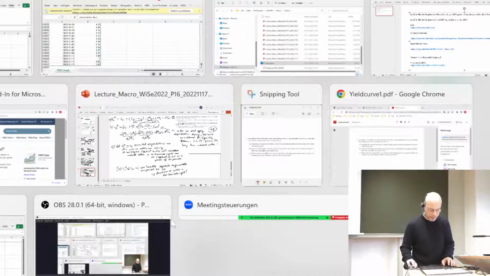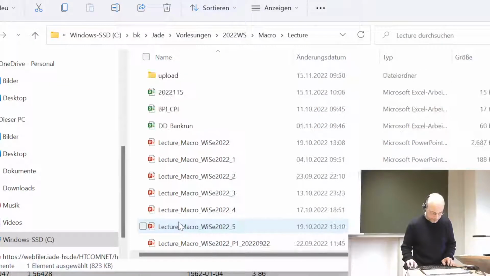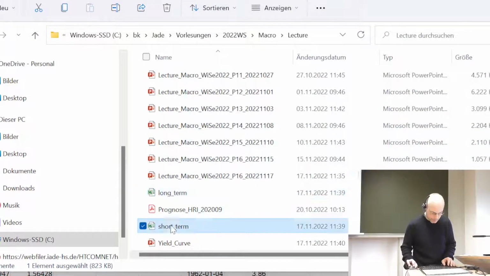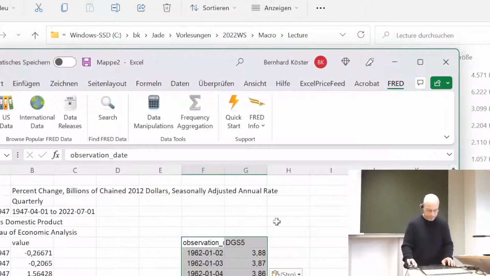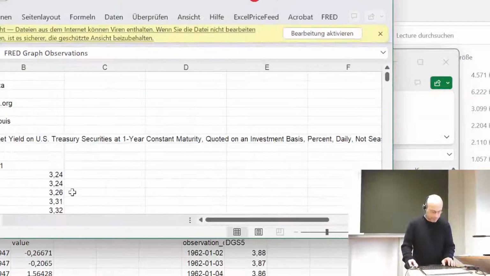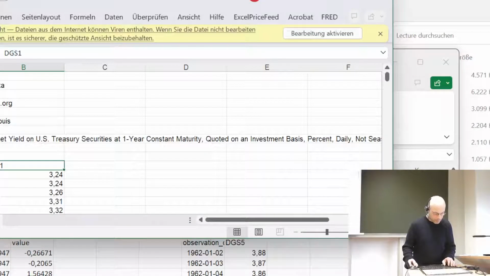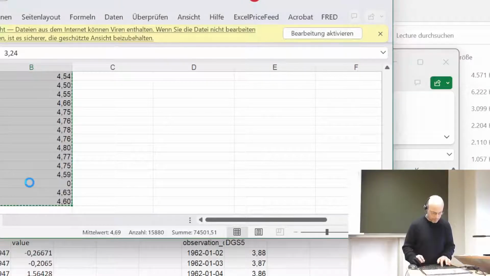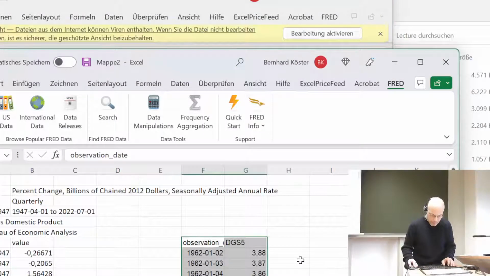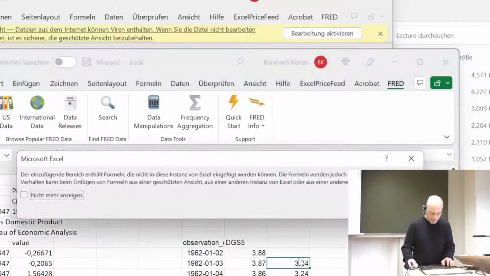And the 1-year data, where is it? There. This is 1.3 and this is 1.2. So then I have to put it in here.